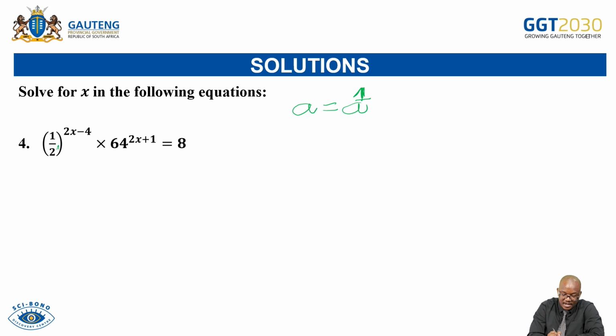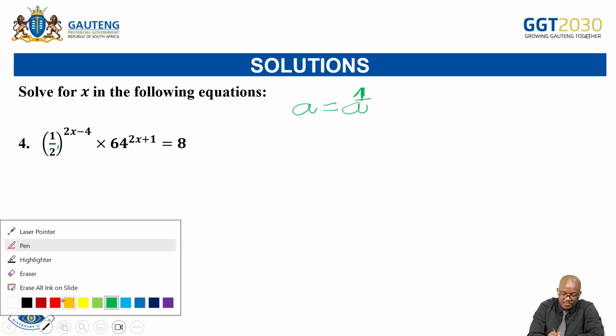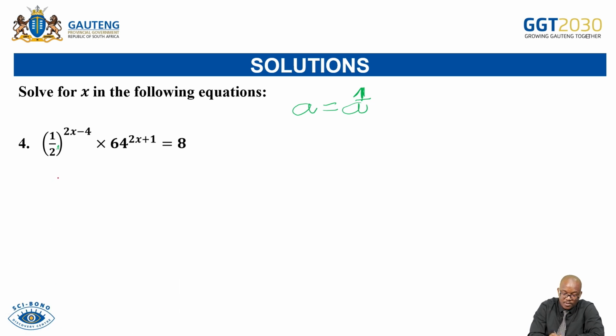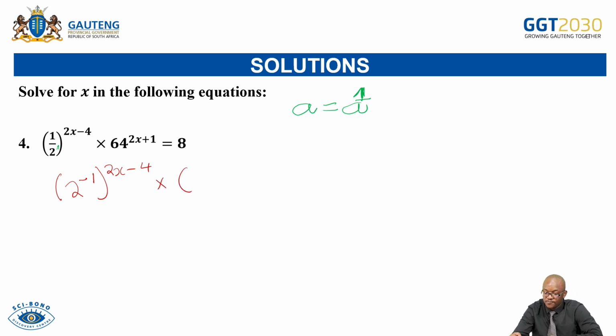So writing this in the base of 2, I will know that I will have 2 to the exponent of negative 1 multiplied by 2x minus 4, multiplied by, now with 64, the prime factor of 64, I know that is 2 to the 6.